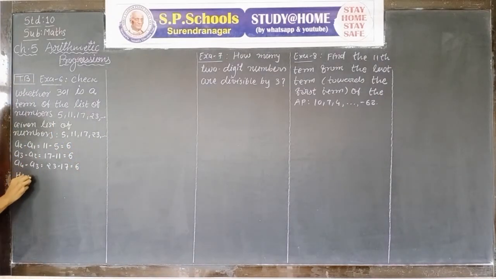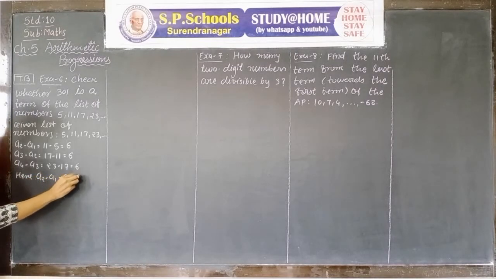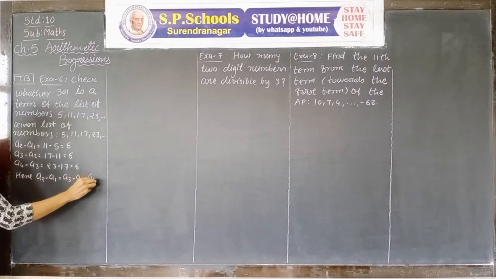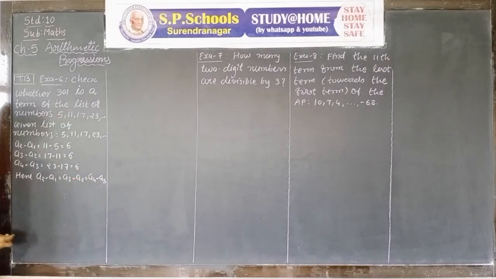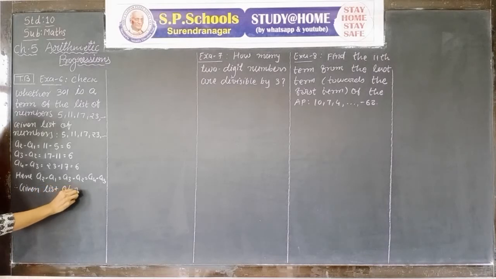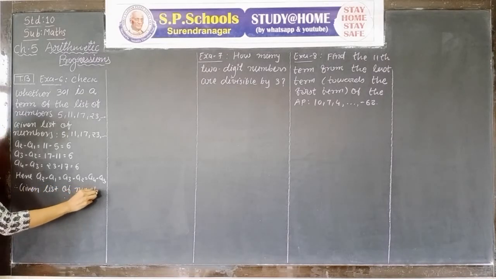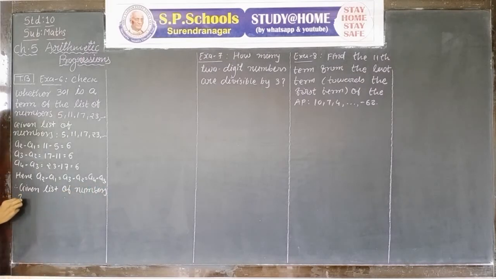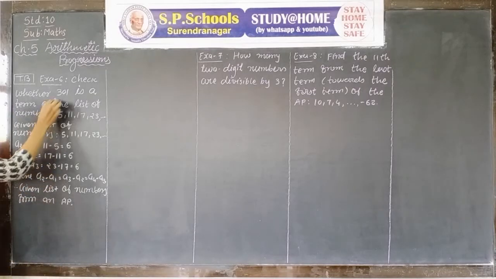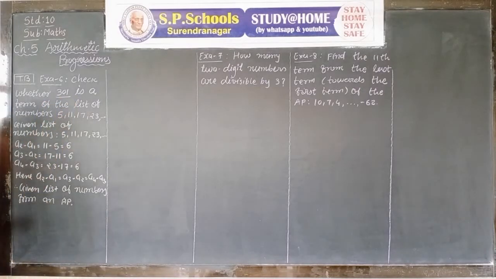Here a2 minus a1 is equal to a3 minus a2 is equal to a4 minus a3. Therefore, the given list of numbers forms an AP.